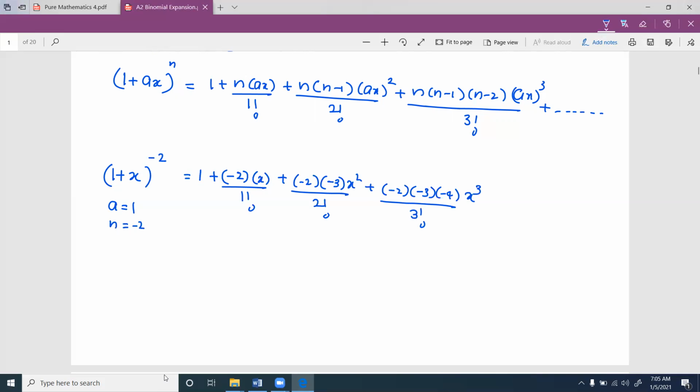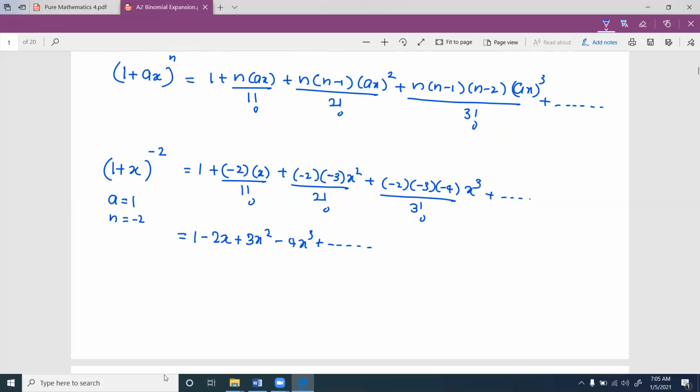That is enough. Then we can do this expansion. So this turns up to 1 minus 2x. If you simplify this, it turns up to plus 3x squared. Then over here, 2, 3, 6 get cancelled with this. It's minus 4x cubed, like that. You can go ahead with this. That's a way of doing this kind of question.